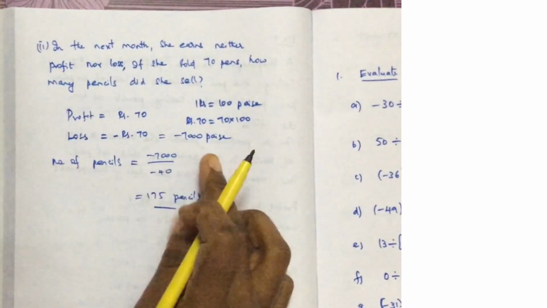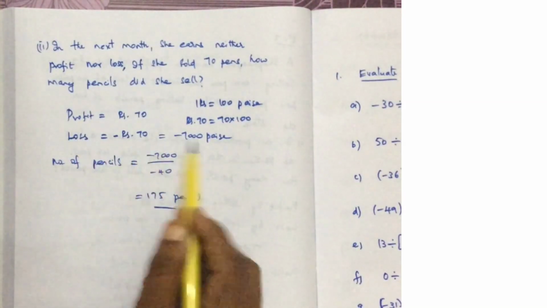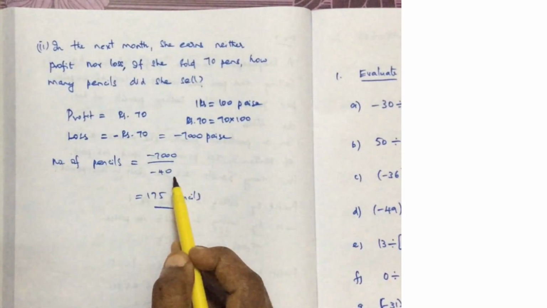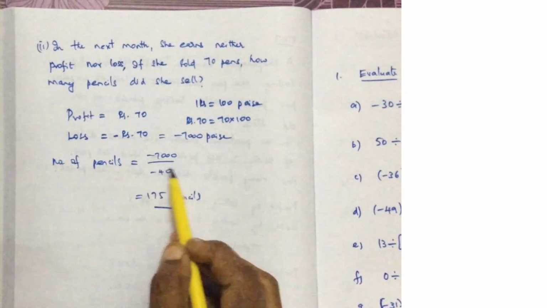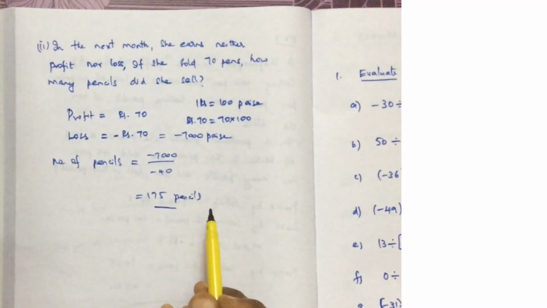So the total loss is 7000 paise. This is the loss by selling pencils. So the number of pencils is equal to 7000 divided by 40. This is the loss by selling one pencil. So the total number of pencils is 175 pencils.